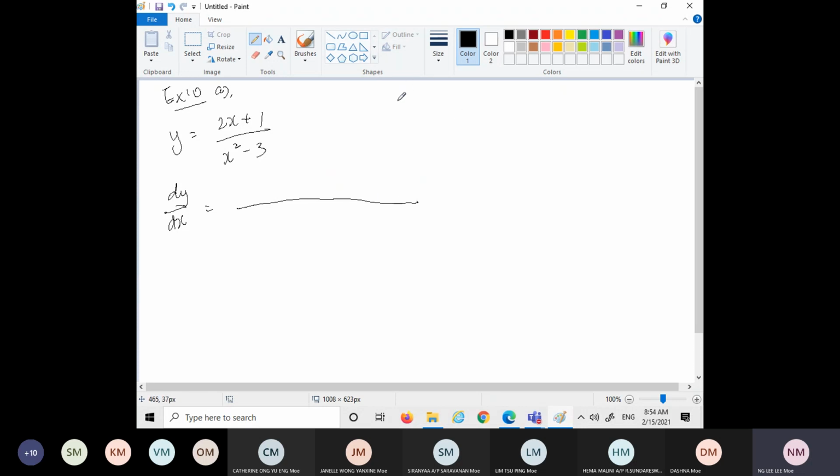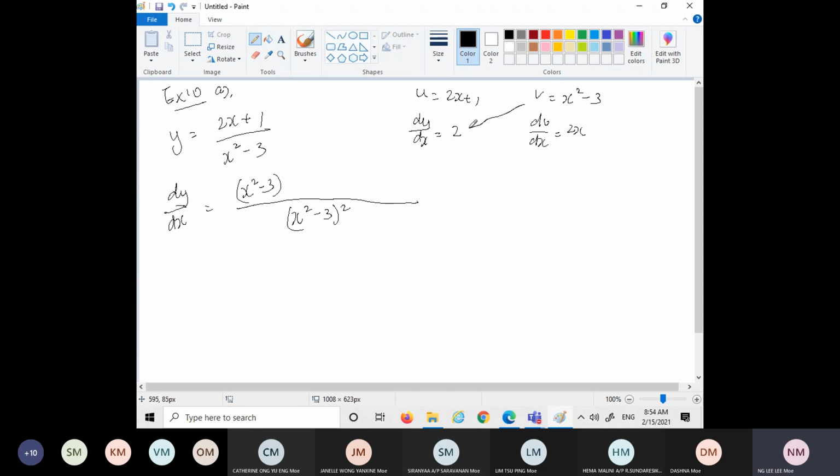If you want, you can write here: u is 2x plus 1, so du/dx is 2. v is x squared minus 3, dv/dx is 2x. Remember, denominator squared, write back the denominator.